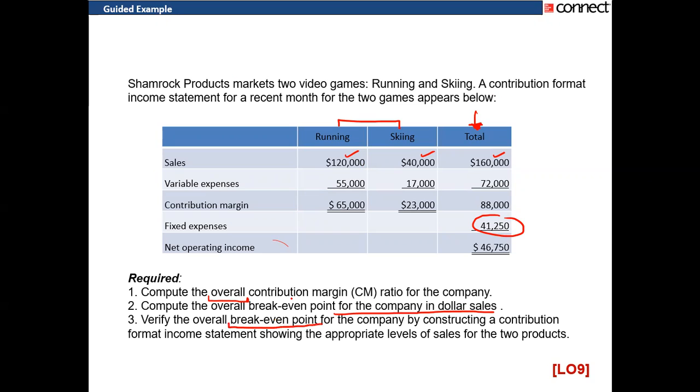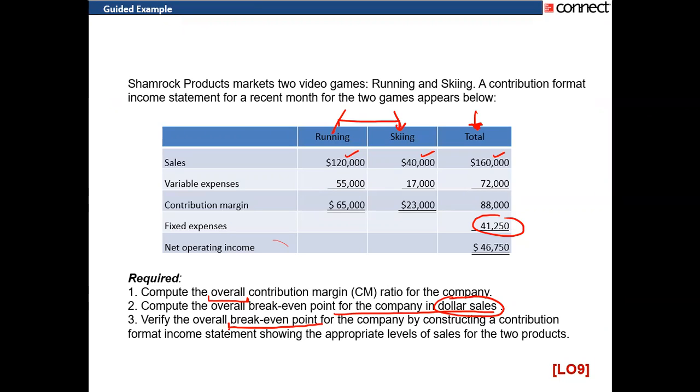We have solved the break-even point in terms of dollar sales. So in this problem, it is asked that we allocate the break-even dollar sales to these two products, running and skiing. And then check that if we have sales of this amount, do we have any net operating income? What do you think?